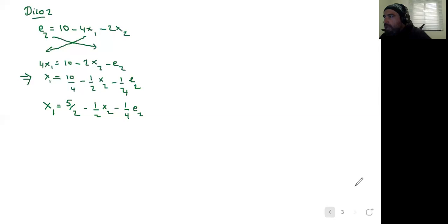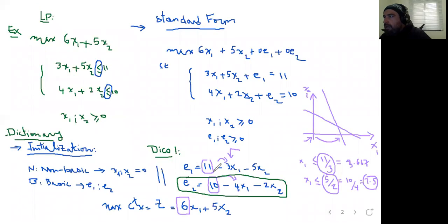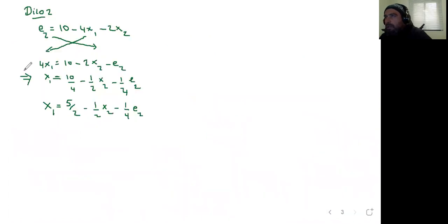Now, don't forget you had another condition which said that E1 equals 11 minus 3x1 minus 5x2. Well, this was line 2, or row 2, if you were just solving a linear system of equations. So this is line 1. I'm rewriting it because initially it was written as 11 minus 3x1 minus 5x2.